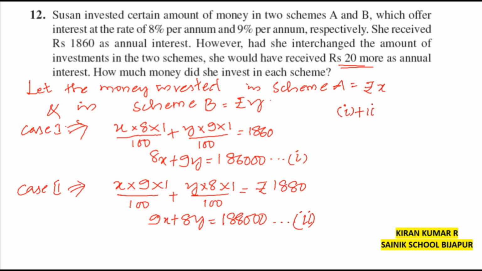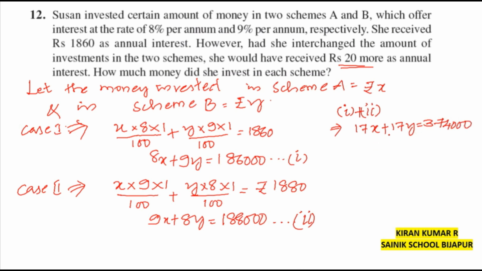Equation 1 added to equation 2, we get 8x added to 9x, nothing but 17x, plus 9y added to 8y, it becomes 17y equal to 1860 added to 1880, it becomes 3740 followed by 2 more zeros.